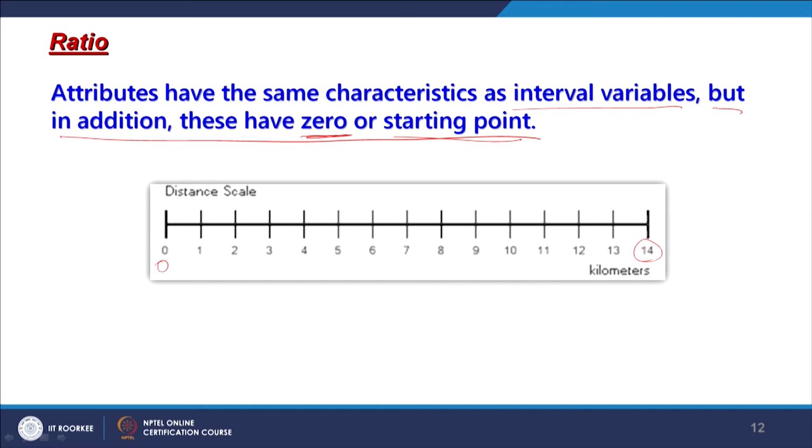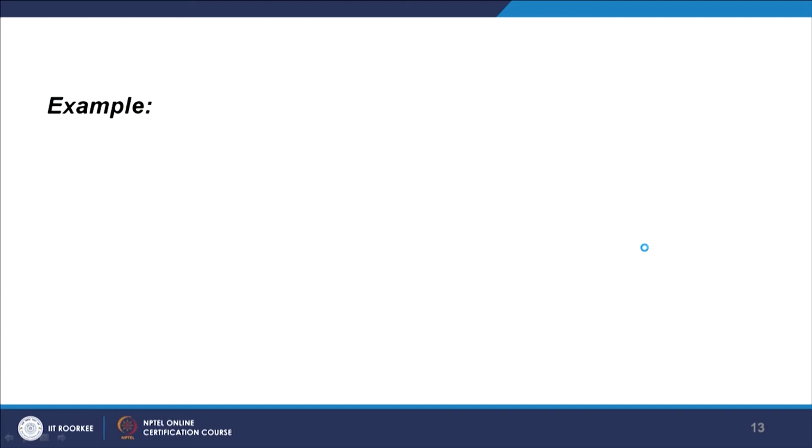If we say 50,000, then one unit on the map, 1 centimeter, is equivalent to 50,000 centimeters on the ground. So it's a ratio, and that is why it will have a 0 value starting point as well.